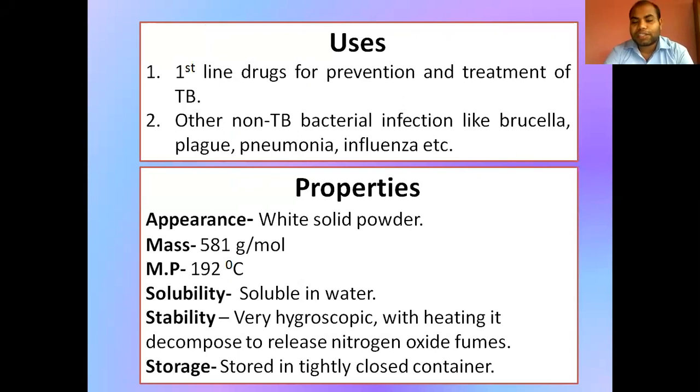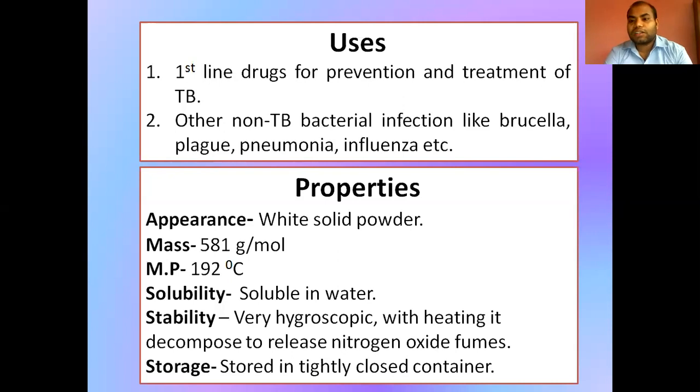In terms of properties, it is a white solid powder with a large mass of 581 grams per mole. The mass is high because aminoglycosides have a glycoside structure containing sugar moieties, so they are generally heavy structures, with a mass of more than 500. It has a melting point of 192 degrees centigrade.